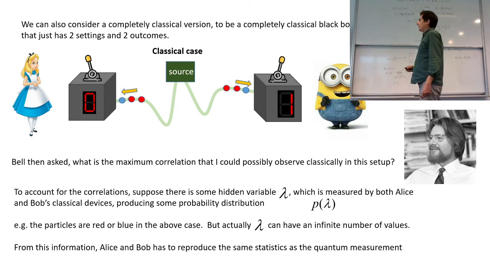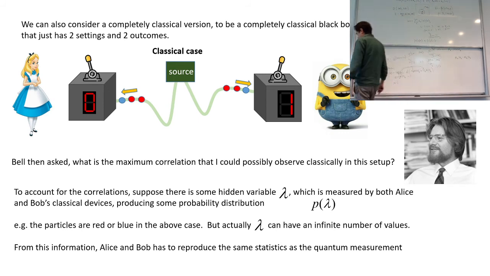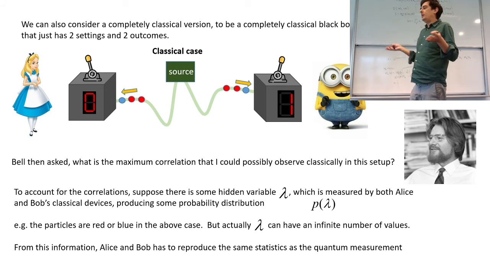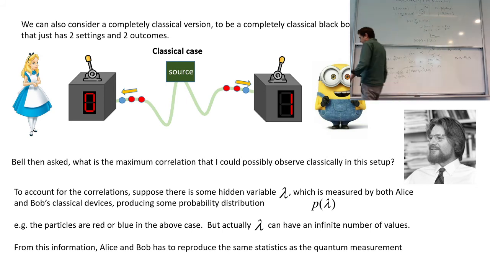And the way that you can describe this is that, okay, I've written it as red or blue balls, but maybe it's a little bit more complicated than just red or blue. Maybe there's all different colors. Maybe there's actually a huge amount of information that's being sent by the source.